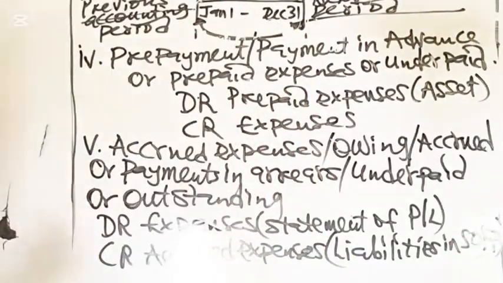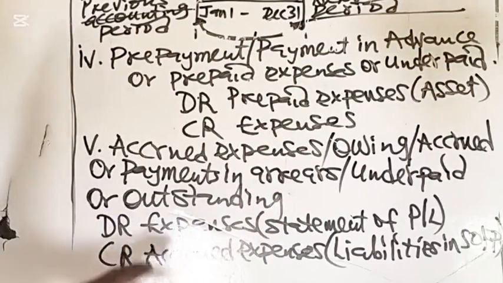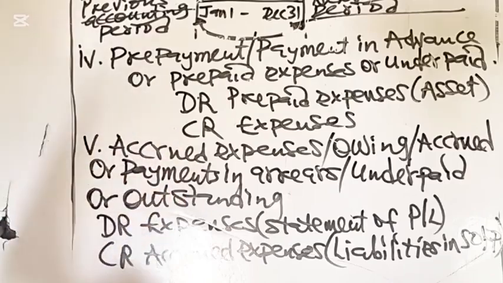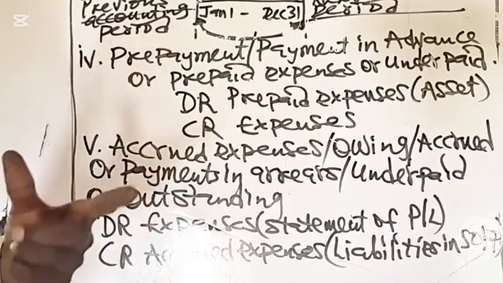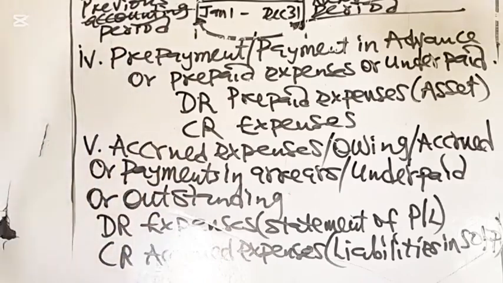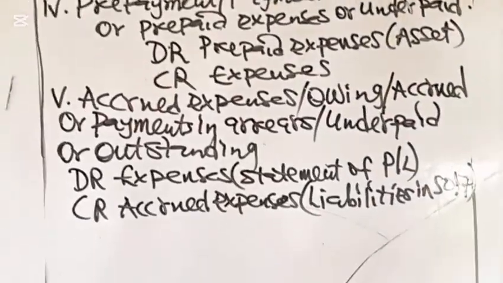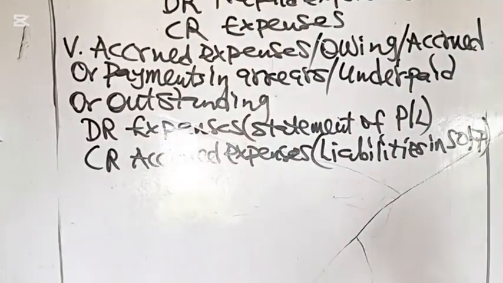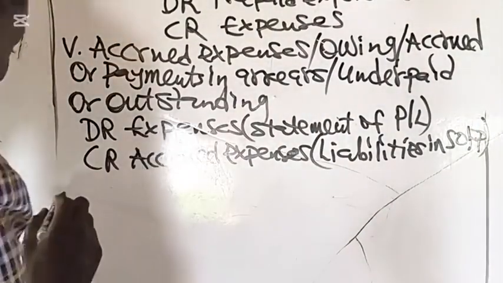So that is the double entry required for the expenses accrued, expenses outstanding, payments in arrears, owing or accrued expenses. Bear that in mind.